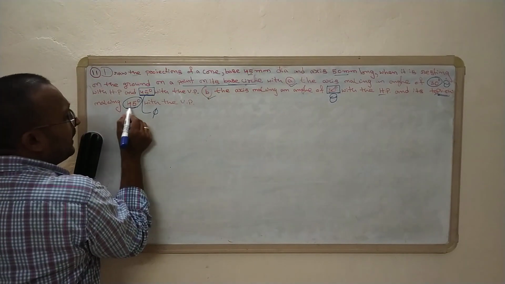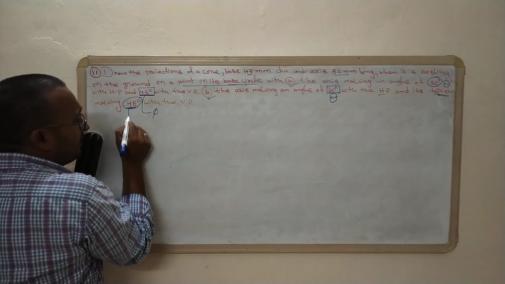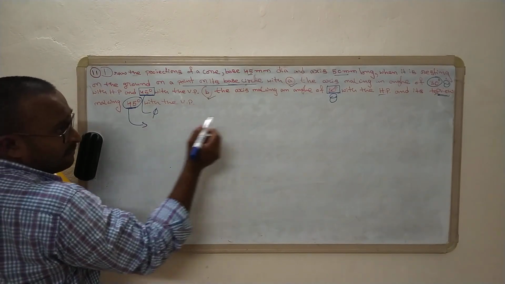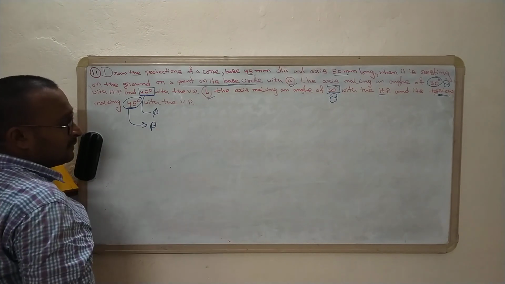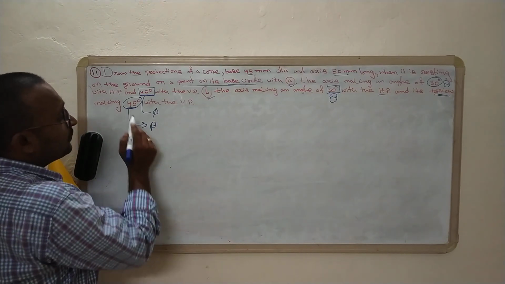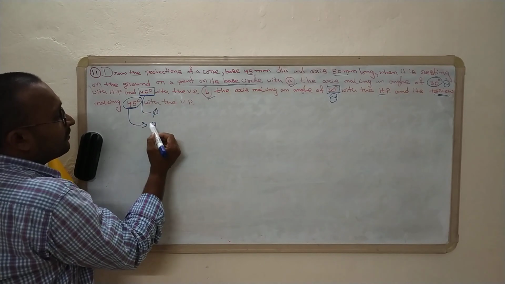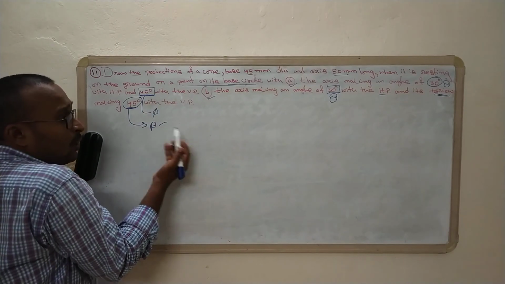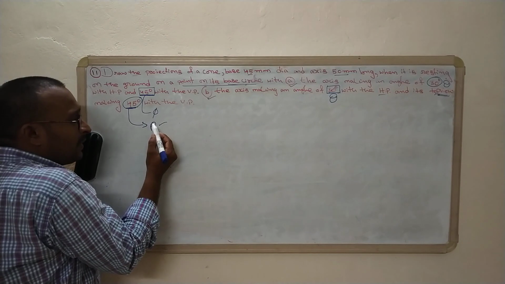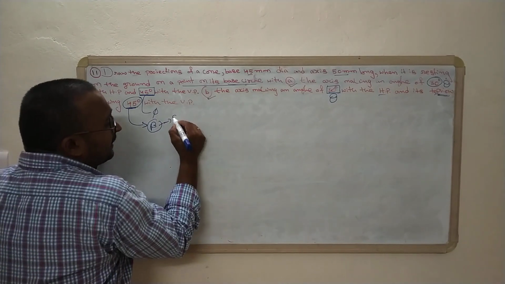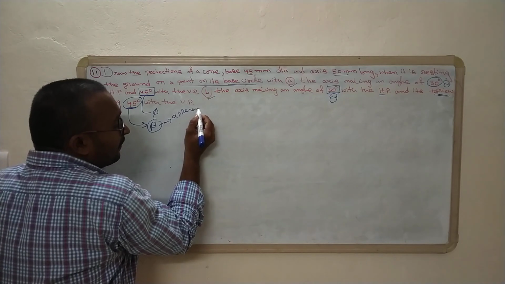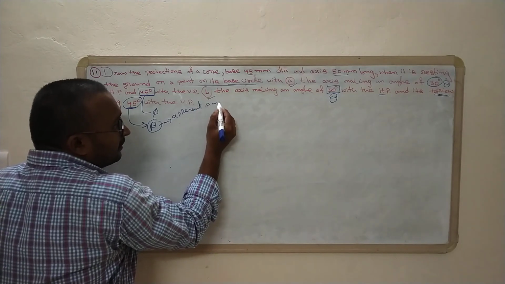Top view making an angle of, in the sense, here it is beta. Beta is given, so directly beta is given. You don't need to calculate that particular apparent angle; this beta is known as the apparent angle.